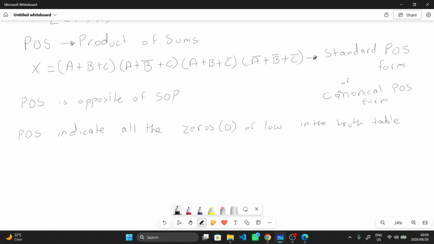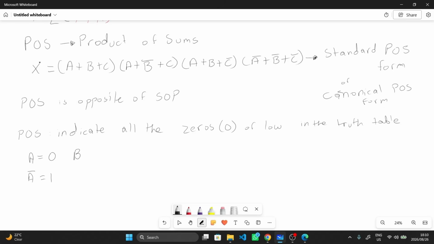And in POS as well, where we had our input values A, B, and C. So in POS, A is 0 and A complement is 1, right?